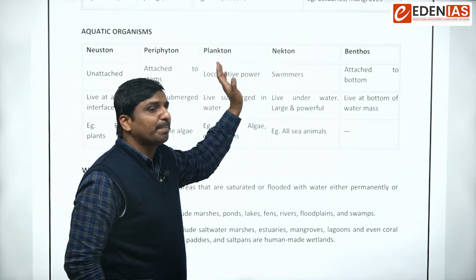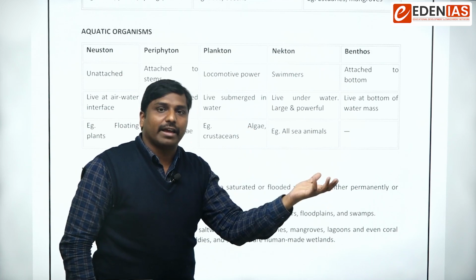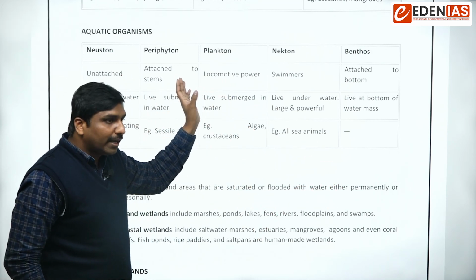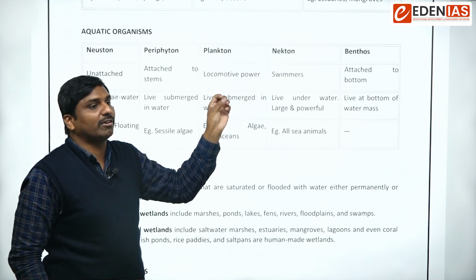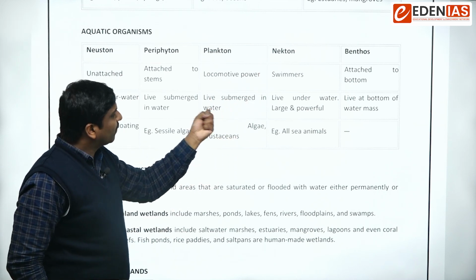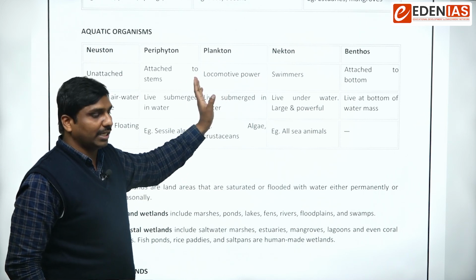Planktons can be either phytoplanktons or zooplanktons. Usually they have locomotive power, which means they can move from one place to another. They usually live submerged in the water.